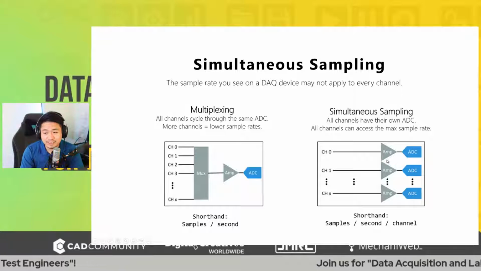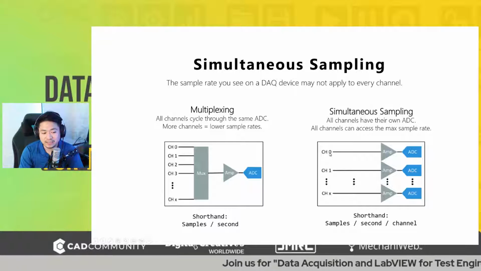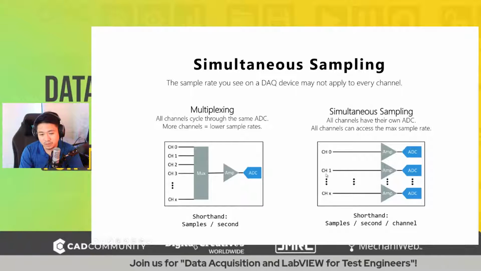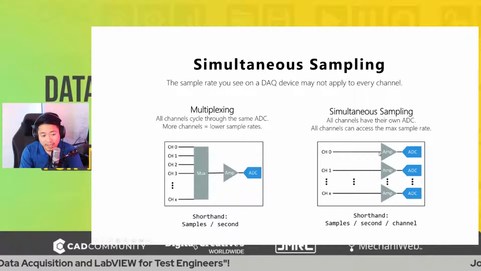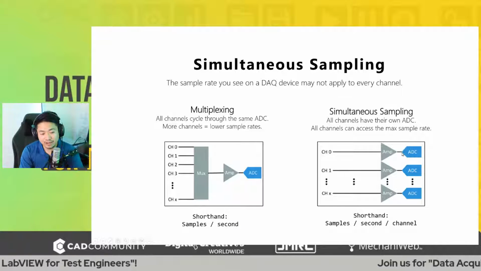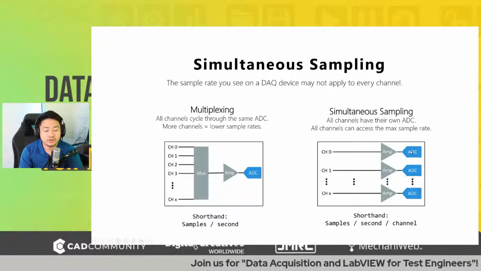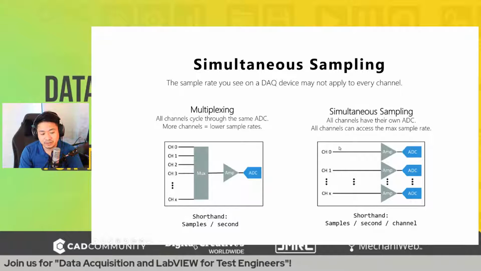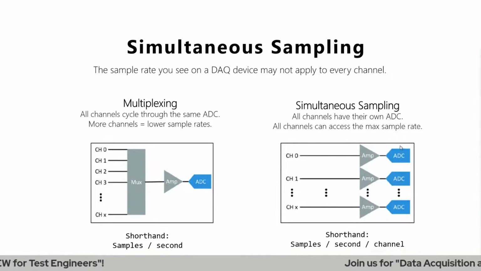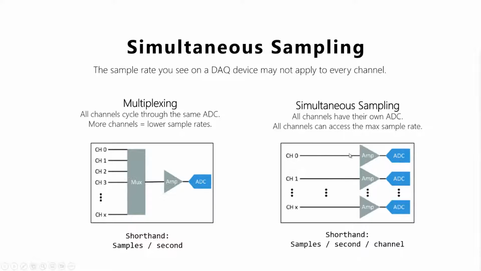A simultaneous sampling device has a certain number of inputs, maybe up to channel 3 or 4 or 8, and each will have its own analog to digital converter. So if my channel 0 is 1000 hertz and my ADC is 10 kilohertz, I would be able to do it without any issues, and each of the other channels as well.